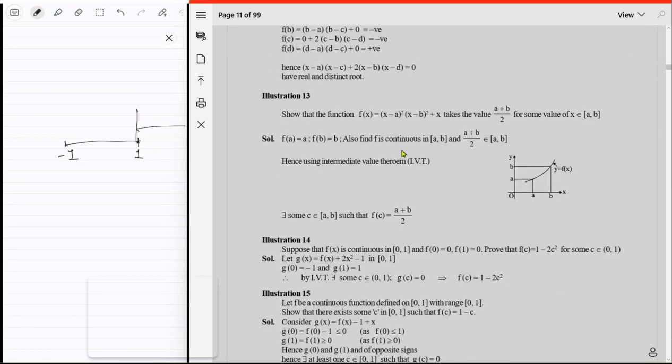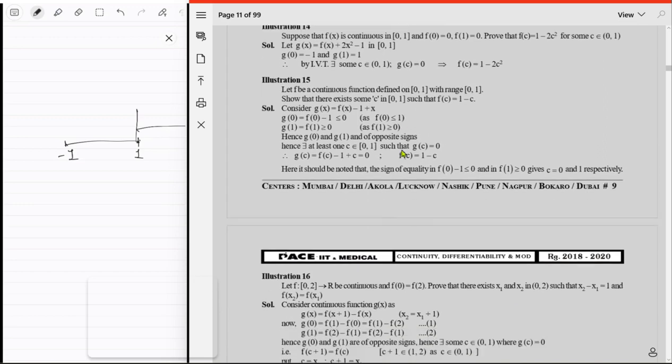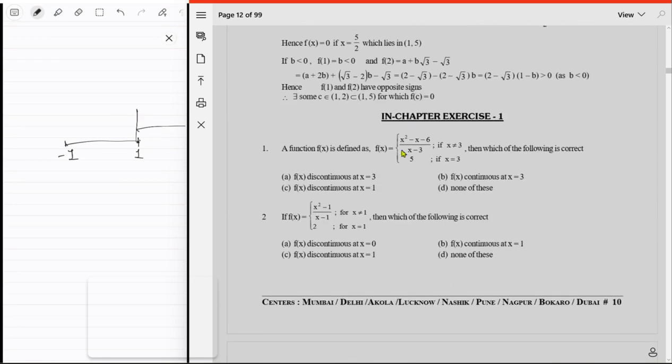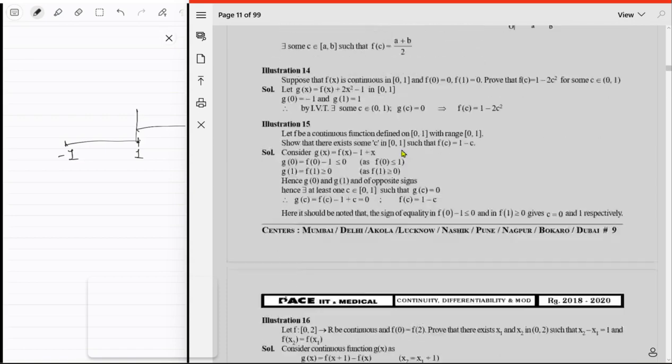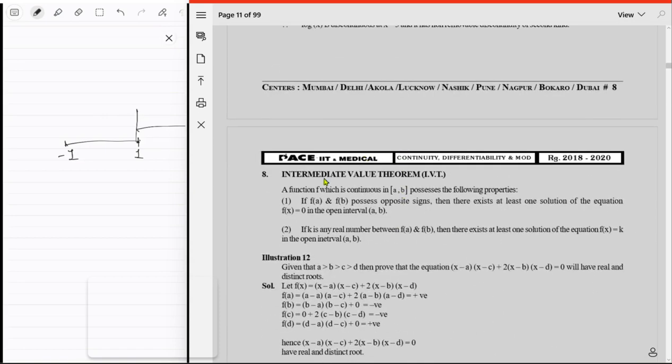Intermediate values, I don't care about that. Wait, okay, let's still read that because who knows, it might come in handy. A function which is continuous in A to B possesses the following properties. If f of A and f of B possess opposite signs, then there exists at least one root. Yeah, we know that.